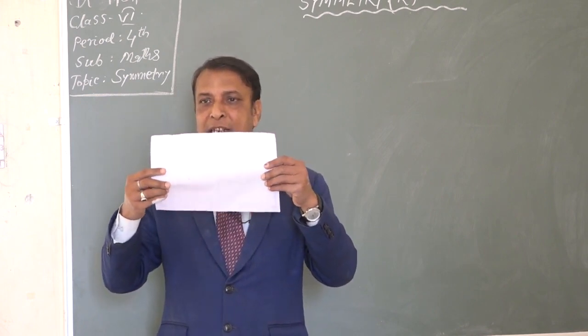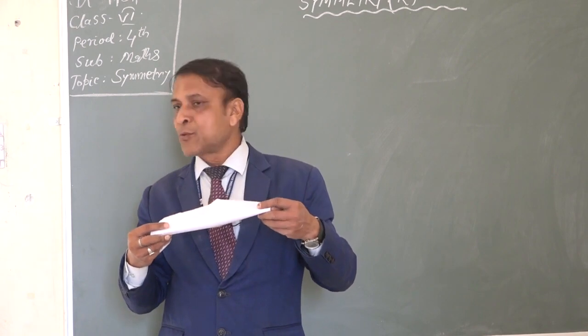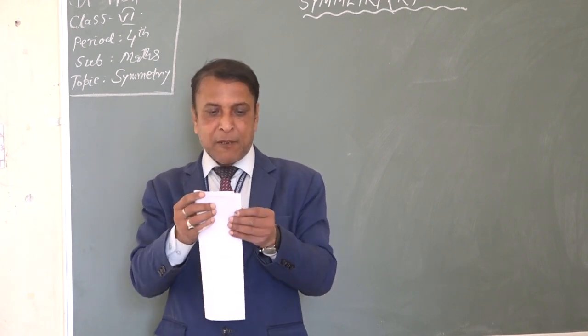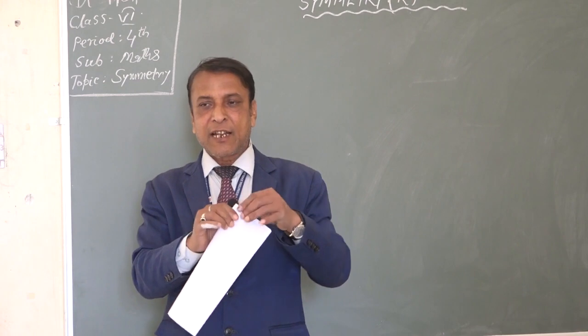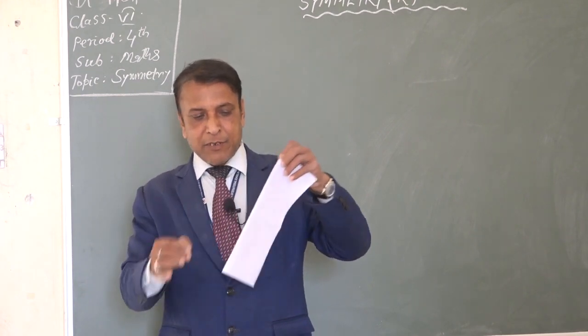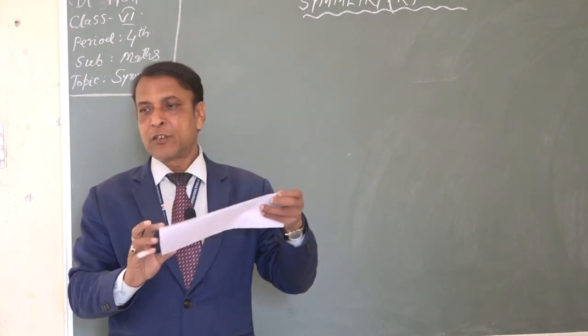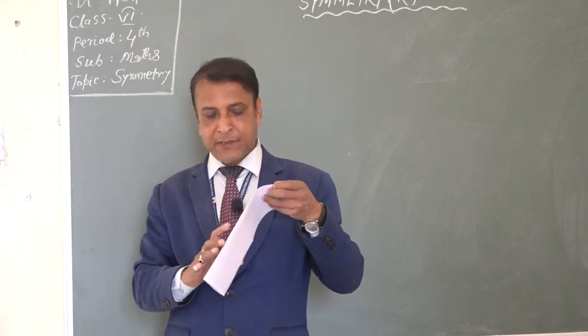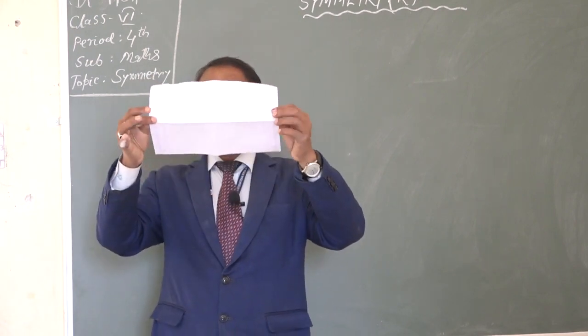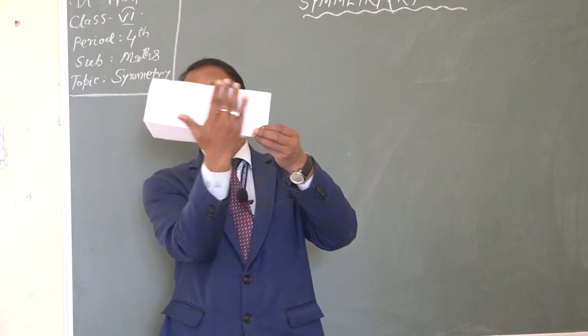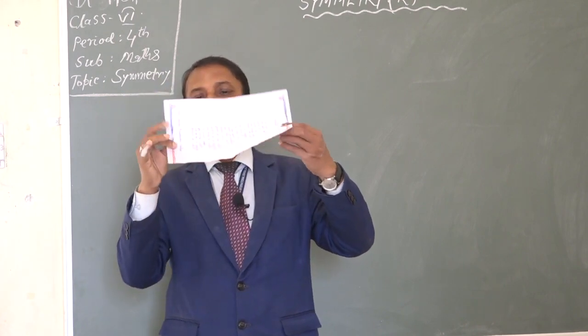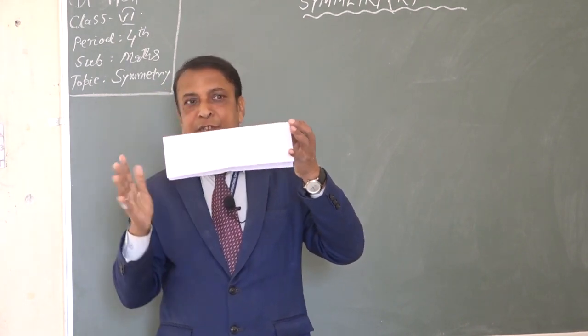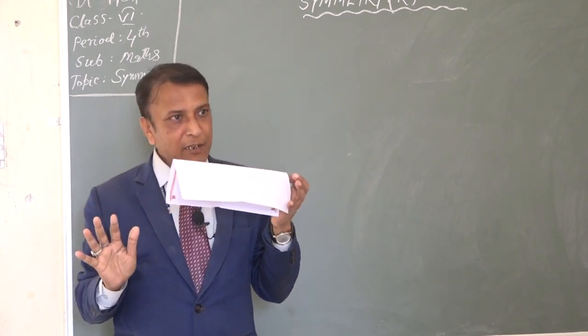Now the same rectangle I can make into two equal halves by a horizontal line. Now you see, if I fold the paper in this way, this is one half and this is another half. These two halves are equal or not?